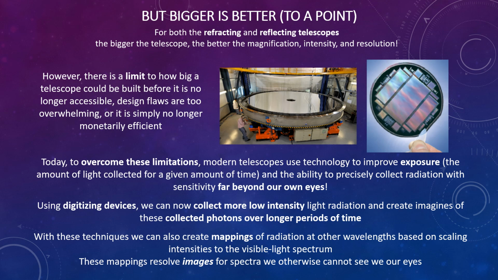To overcome these limitations, astronomers and engineers have been very clever with their use of technology to improve exposures, which is a term given for the amount of light collected in a given amount of time, and the ability to precisely collect that radiation with a really high degree of sensitivity.